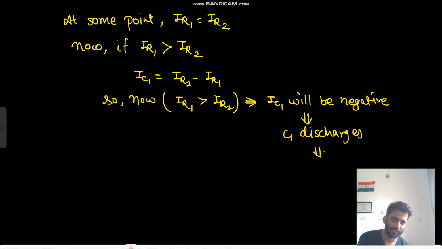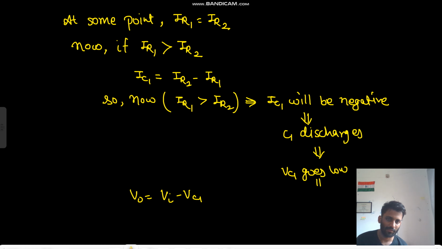If C1 discharges, VC1 goes low. Okay, and what is V0? V0 is V in minus VC1. If VC1 is decreasing, that means your V0 is increasing.